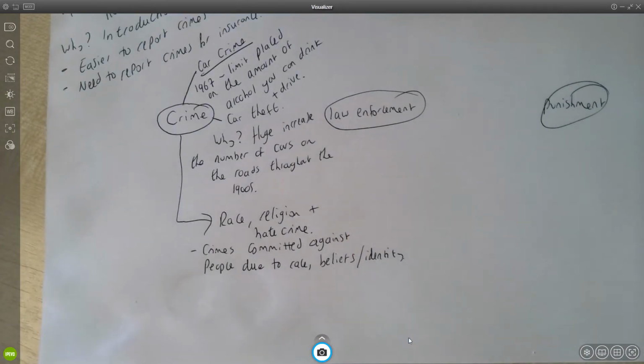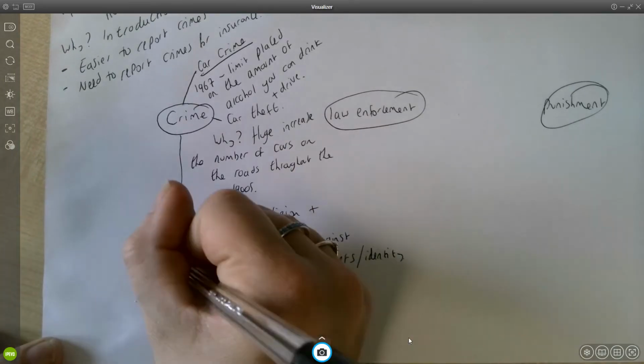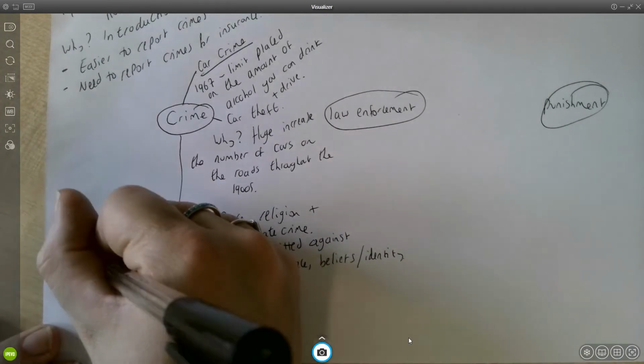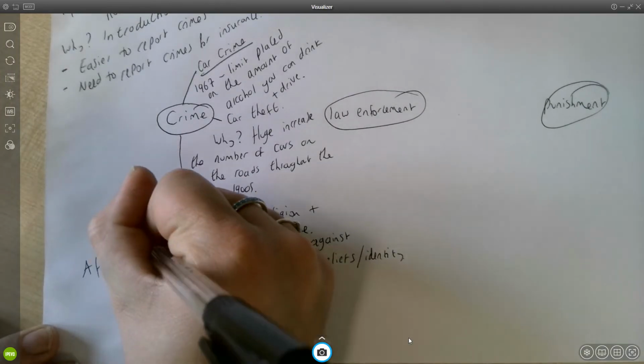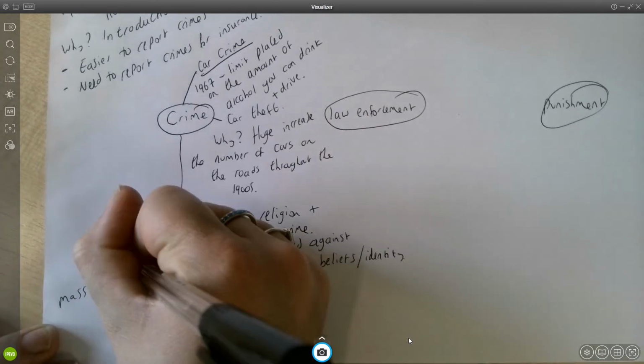One of the reasons why this crime occurs, in particular, it starts with race crime, first of all. After World War II, there was mass migration to Britain from Commonwealth countries.